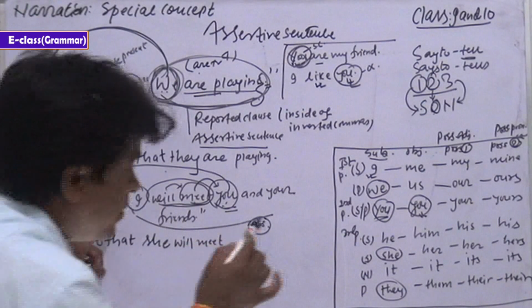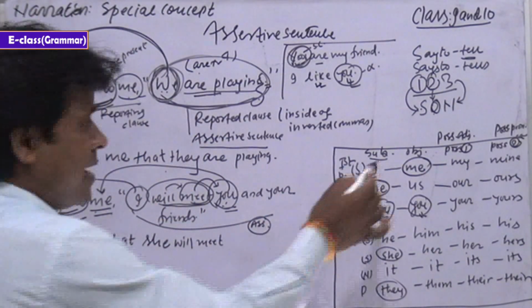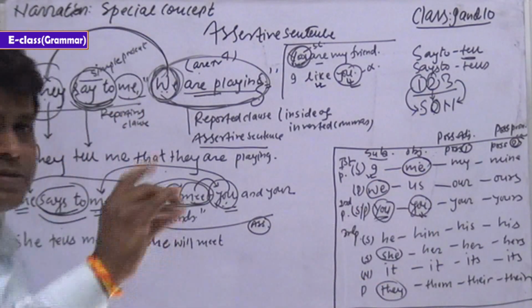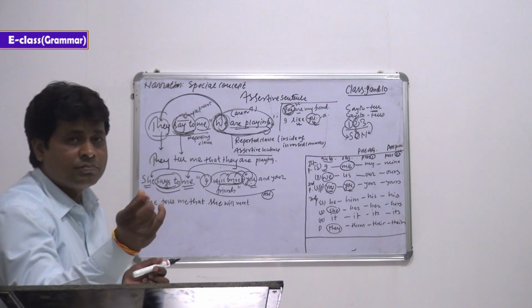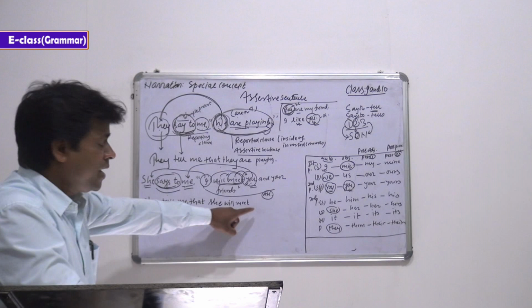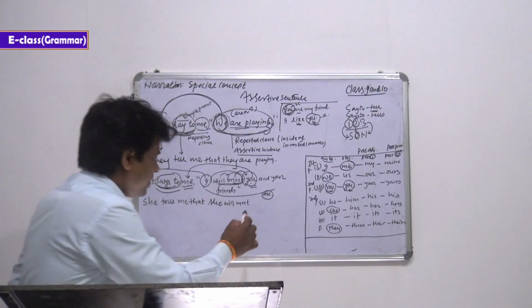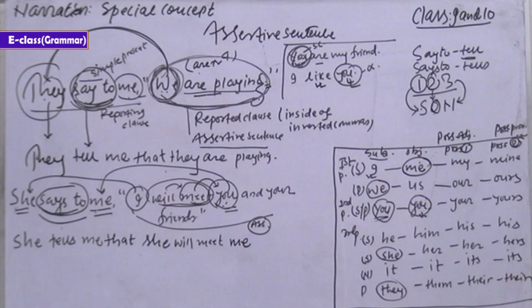And me is, see here, me. This is also an objective case. Again case matched. Objective case, case matched. Work is done. We will copy the same over here. So write me. Yes. Are you following?